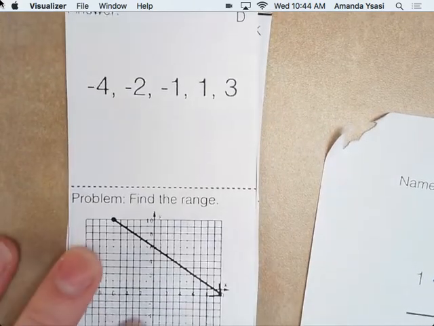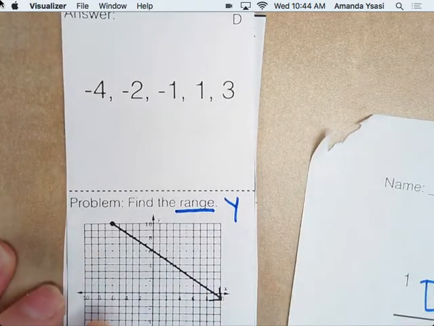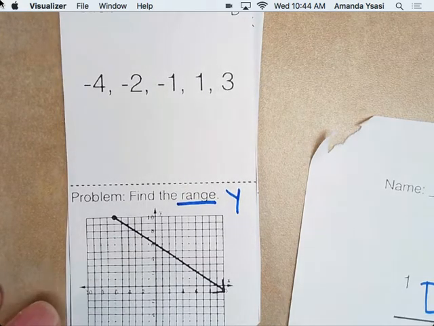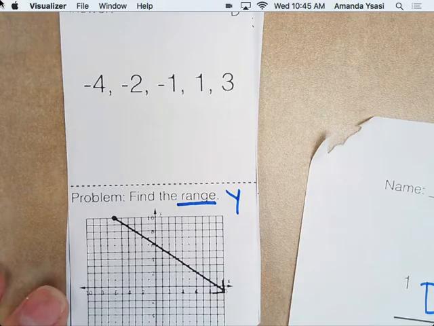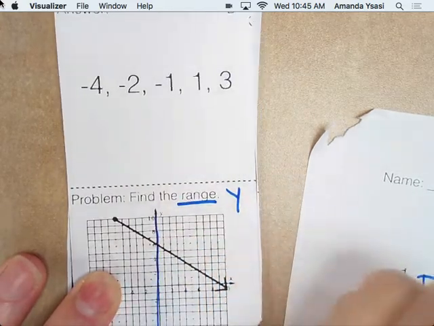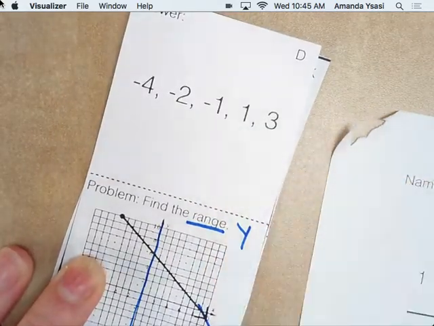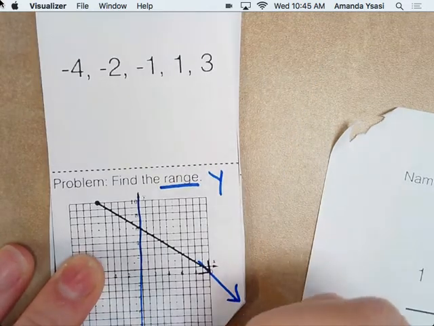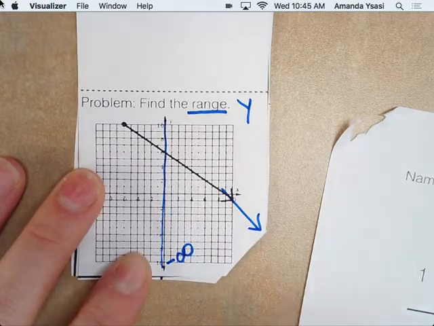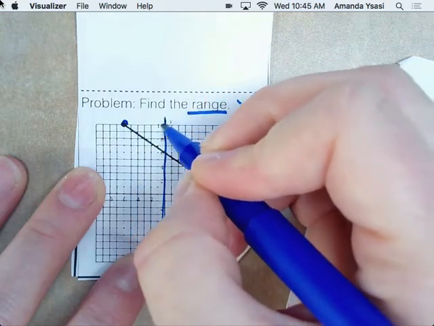So let's look. It says, what is the range? Range is the Y values again. So that's bottom to top, or down and up. How far down is it going to go on the Y-axis? This arrow means it's going to continue going down. So how far down will it go? Yeah, -infinity. So I'm going to put a -infinity. And then how far up on the Y-axis does it go? Where's this point on the Y-axis? 10.